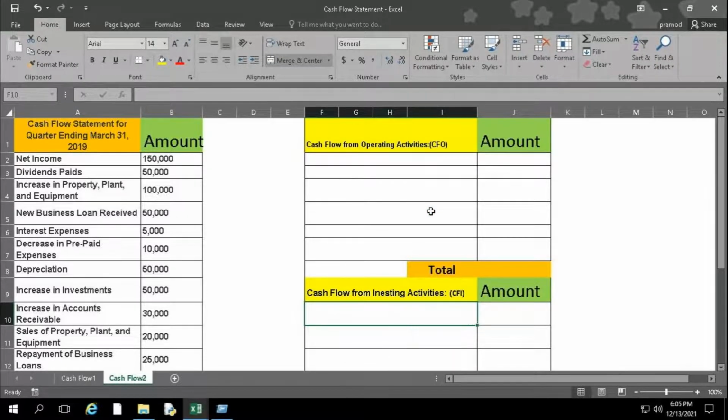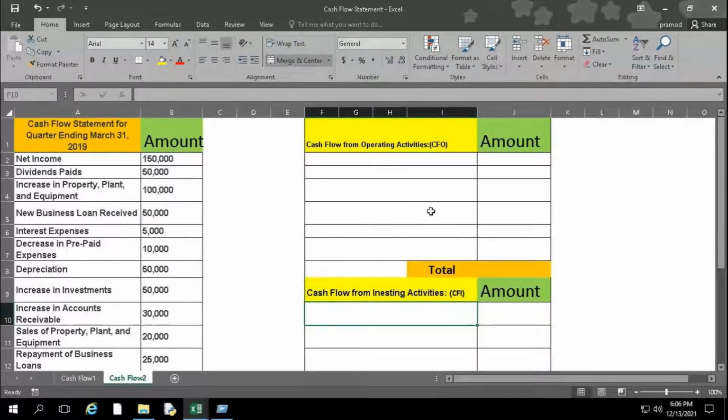So we have to deduct it, sir, minus. Yes, minus. Then decrease in prepaid expenses, sir? Operating activities. Yes, operating expense.